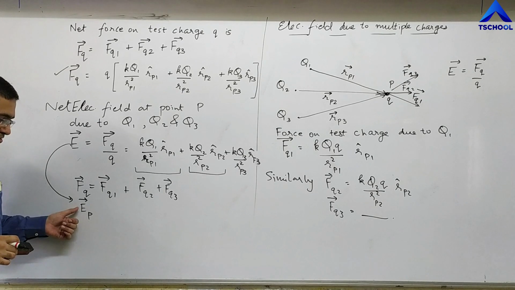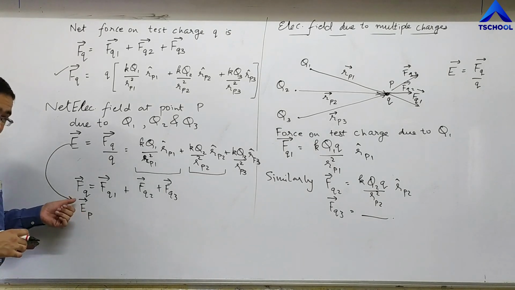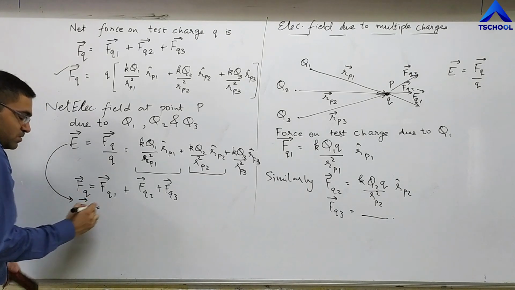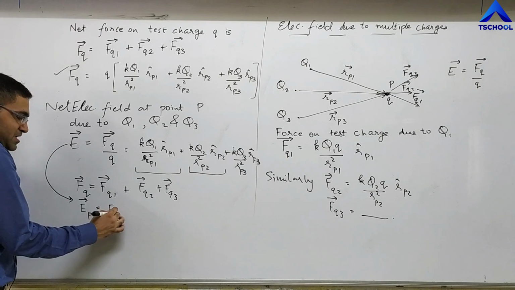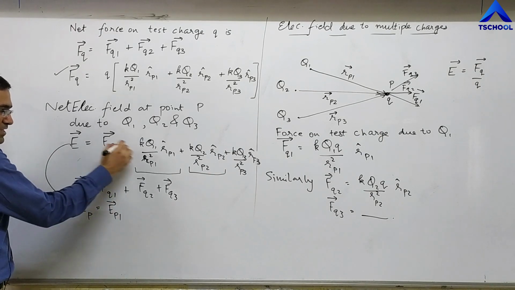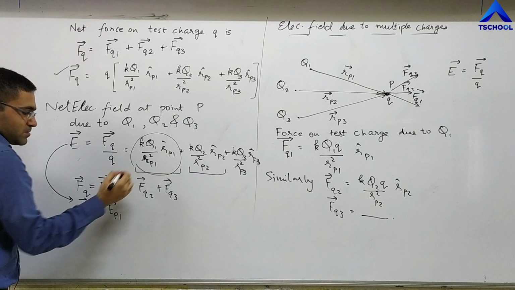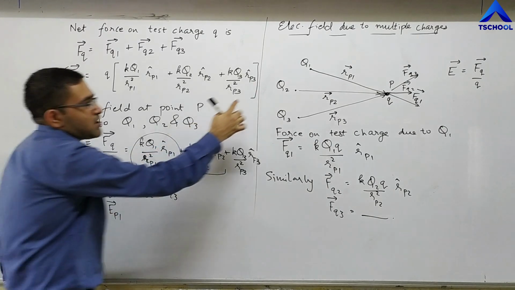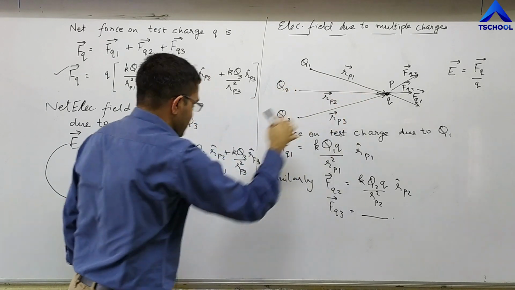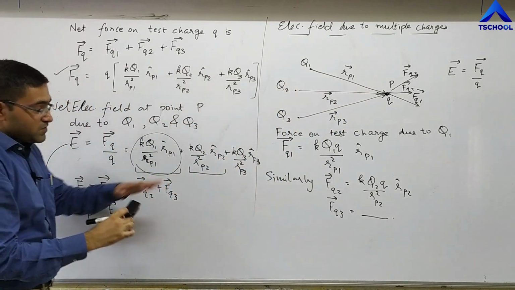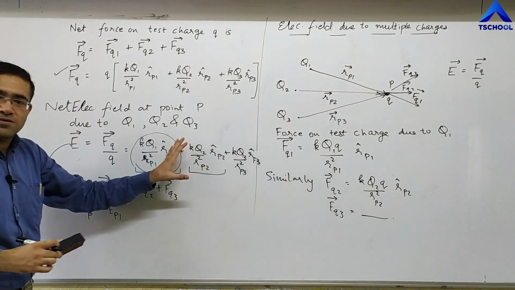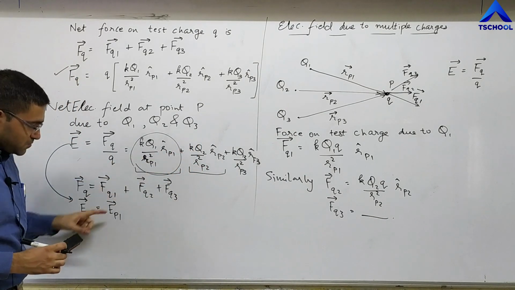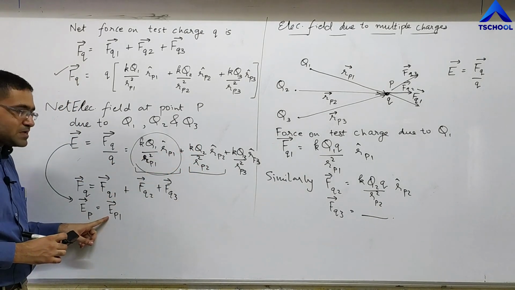So, electric field at P, it's a vector, is equal to EP1 vector. This is EP1 vector because this is the contribution of the first charge to the electric field at P. Right? If you simply ignore these terms, this is what you get as the electric field at P.